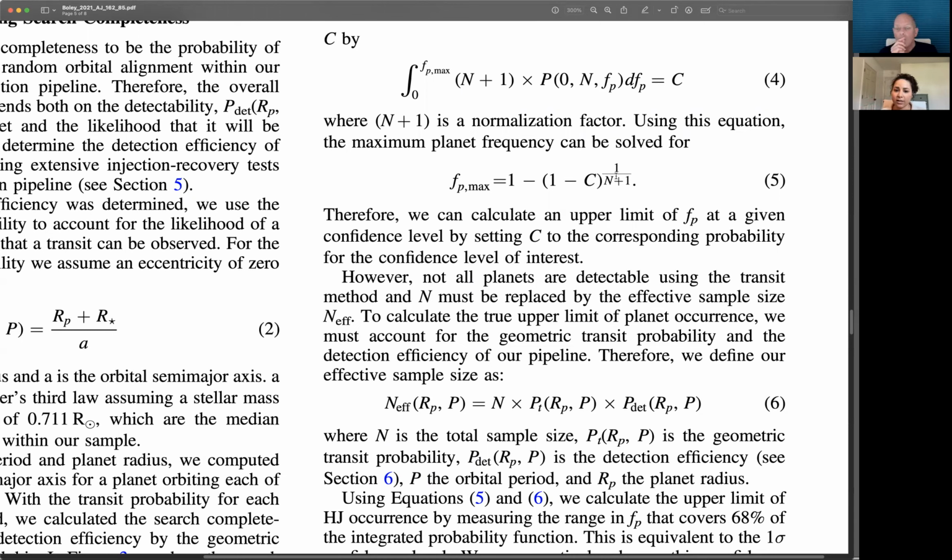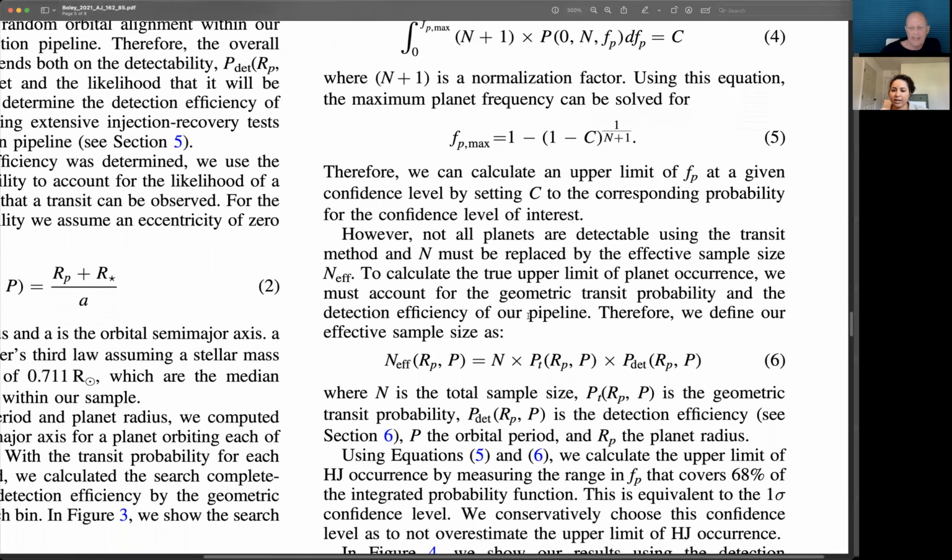For ours, we went with the 1 sigma level, in line with previous works, for comparison's sake. You also need to know the effective sample size, or the total number of stars in your sample.